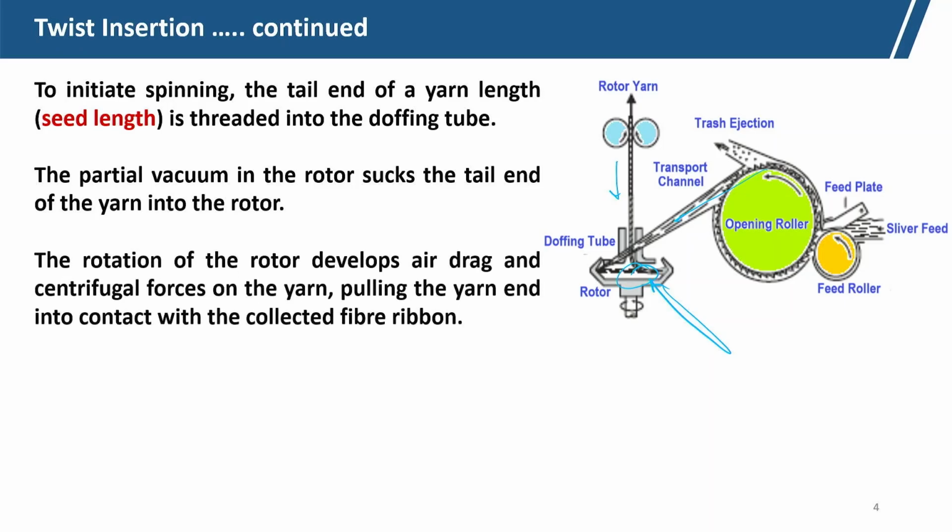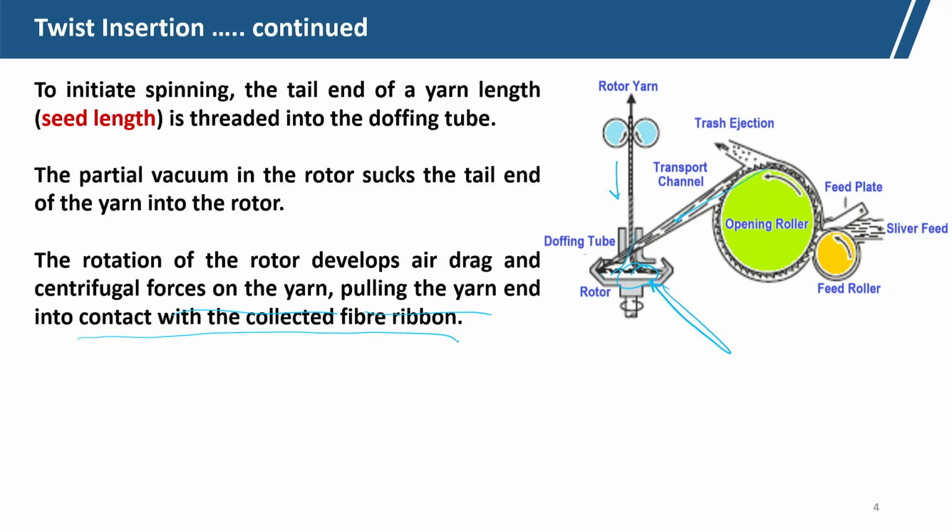The rotation of the rotor develops air drag and centrifugal force on the yarn. So, the air drag is there in the rotor groove, and centrifugal force acts on whatever fibers are deposited, and also on the seed yarn length, pulling the yarn end into contact with the collecting fiber ribbon.